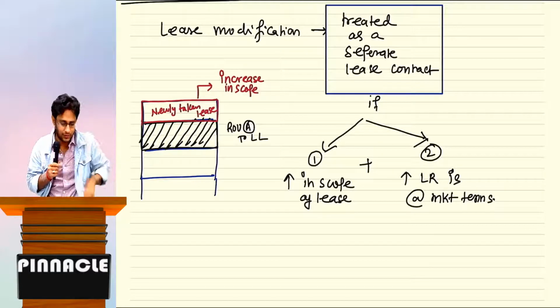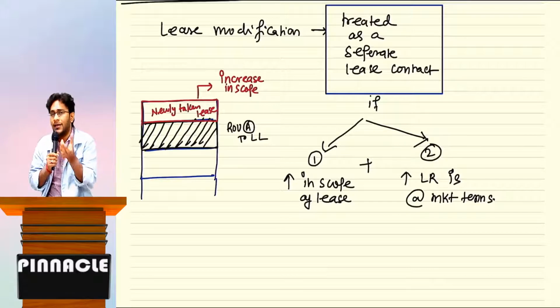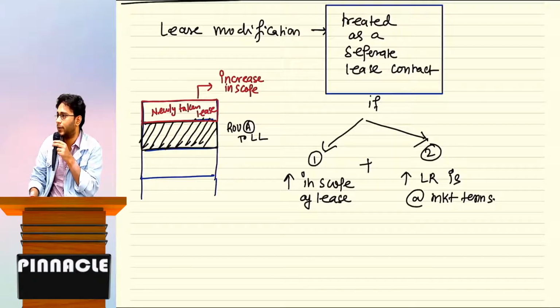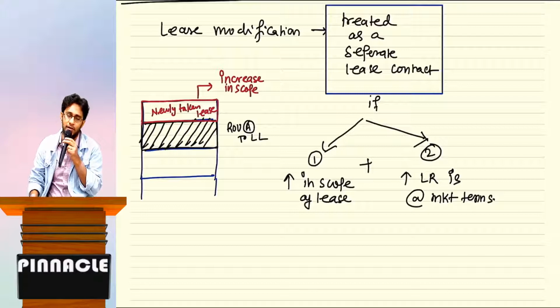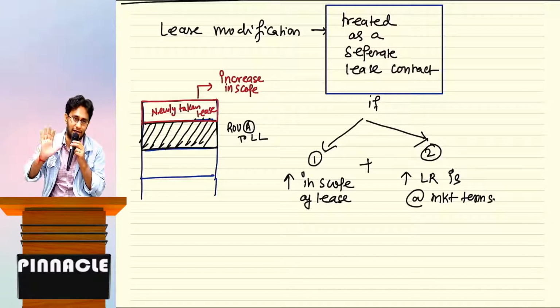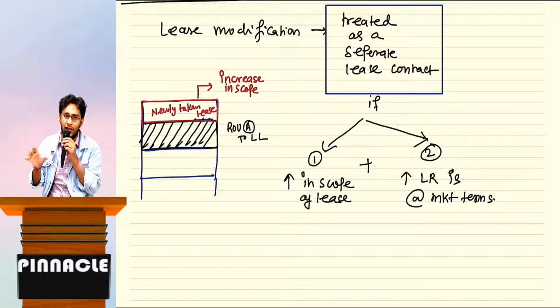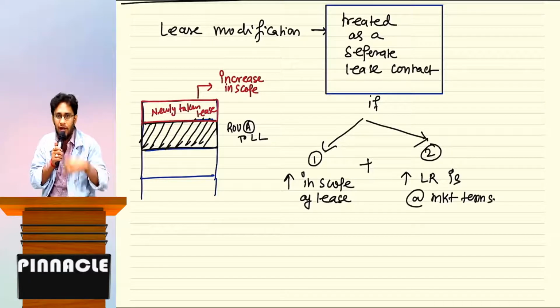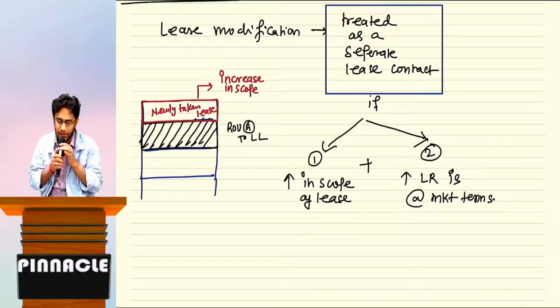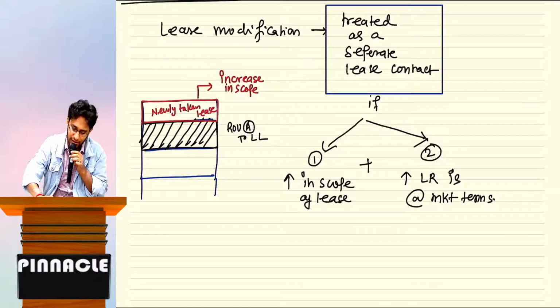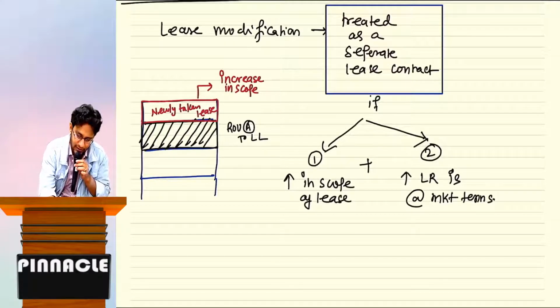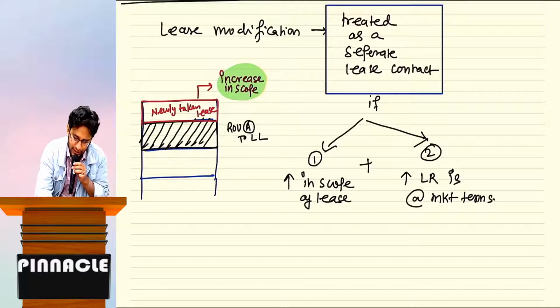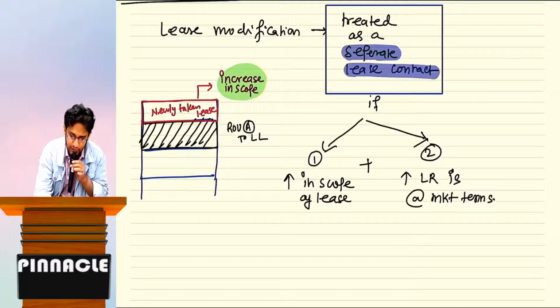Anyway, for the increased portion, you have to see how much rent you are paying. In case you are paying market rent, without taking any advantage of the existing leased asset, and you have freshly negotiated the top floor, then the standard says this modification will be treated as a separate lease contract.